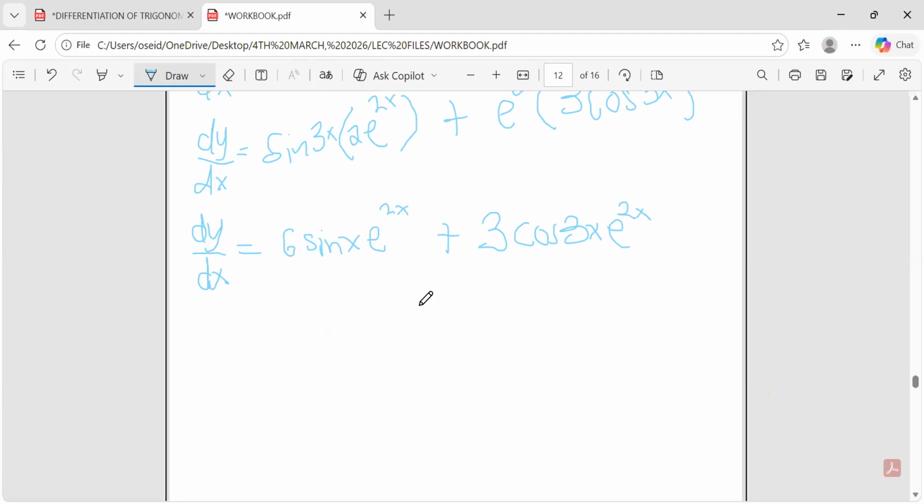So this is our final answer. You can go on to factorize it, since we have e to the 2x in both terms.